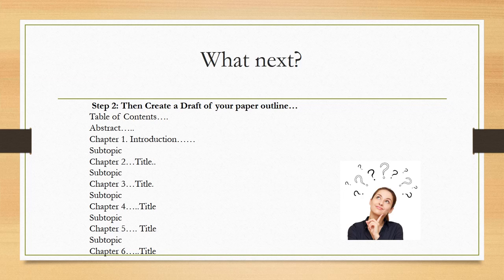Your paper should include a table of contents, an abstract, and be separated by chapters specific to what you are discussing in that section, as well as 6 subtopics that are provided to you in the assignment section of the course in Canvas. The subtopics are also a requirement for this capstone course, and it does not matter what research topic you choose, you must have all 6 subtopics listed in your research paper.